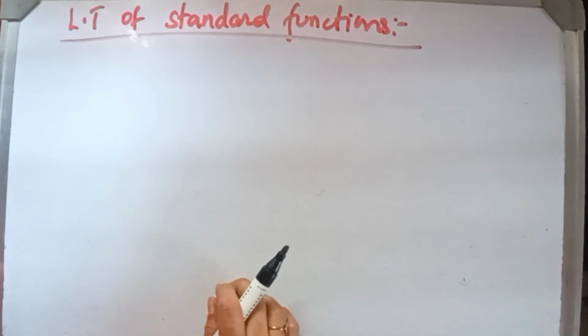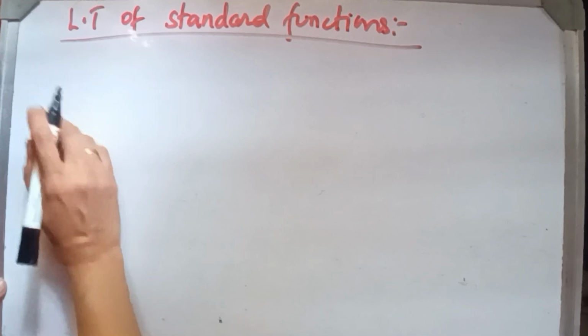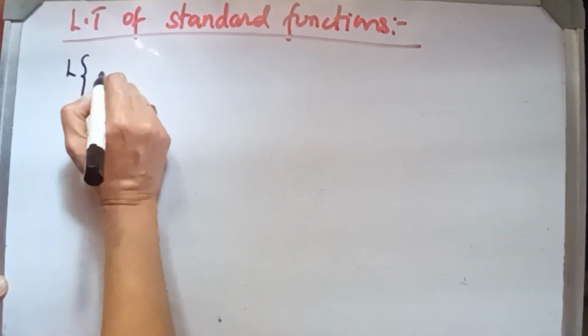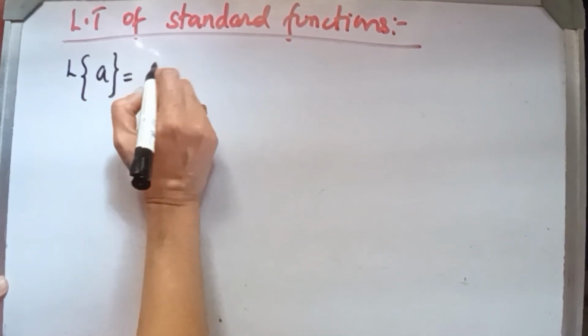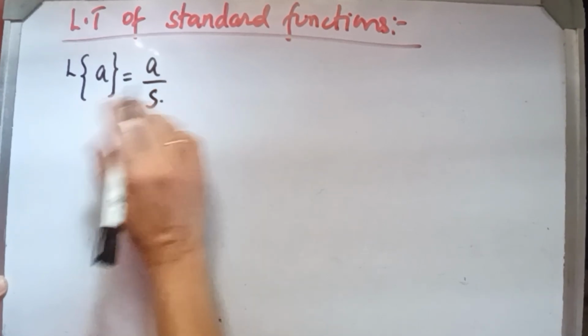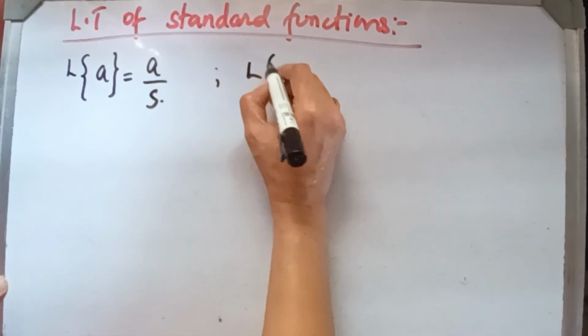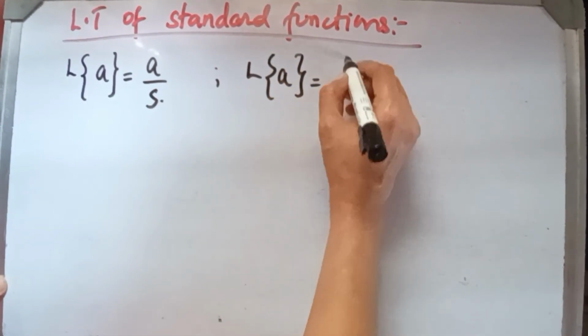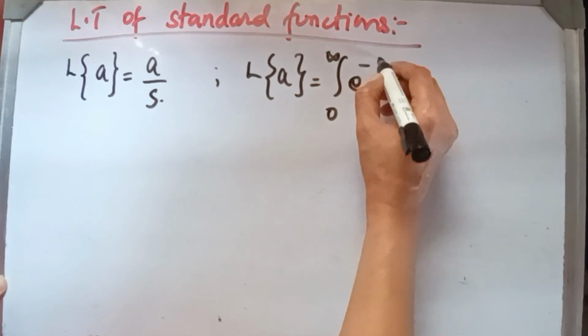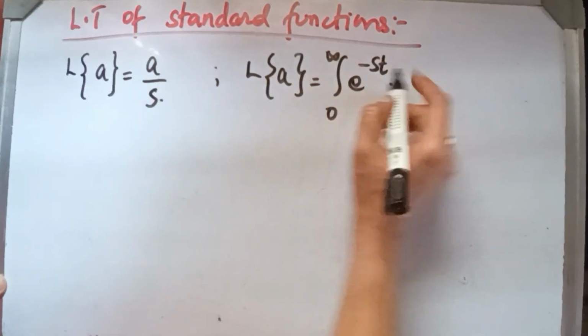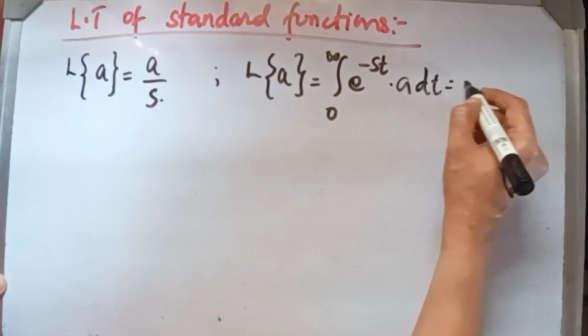Now let us see Laplace transform of some standard functions. So Laplace transform of any constant a equals a by s. That is directly using the definition of Laplace transform. Laplace transform of a is integral 0 to infinity e power minus st into f of t, which is a, into dt. Take a outside.